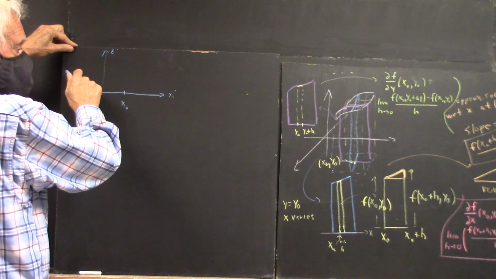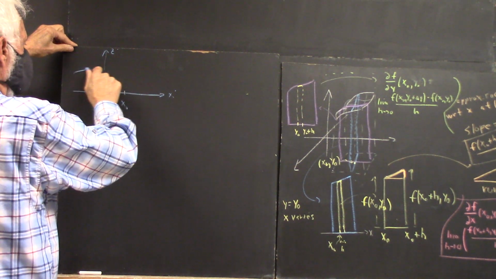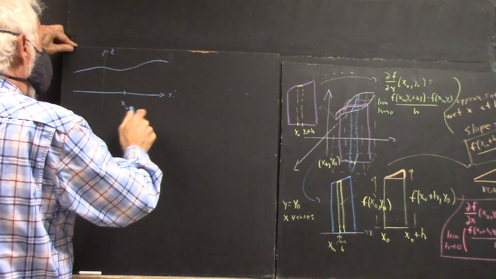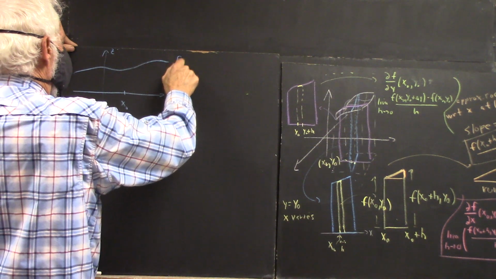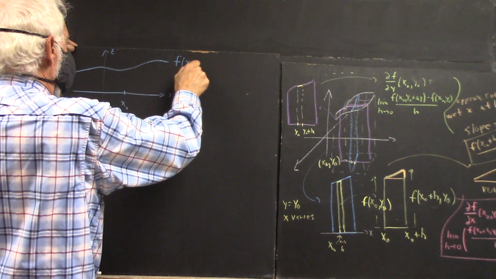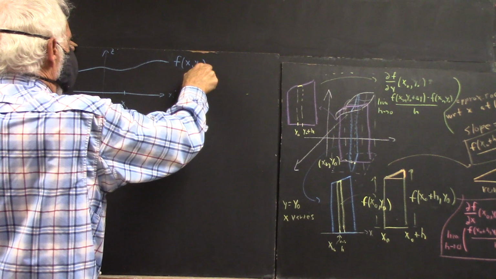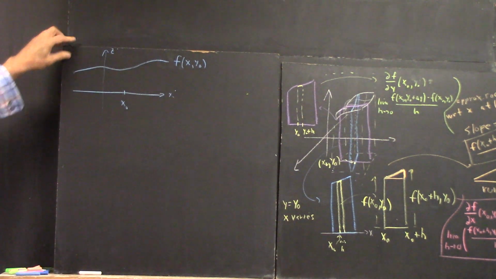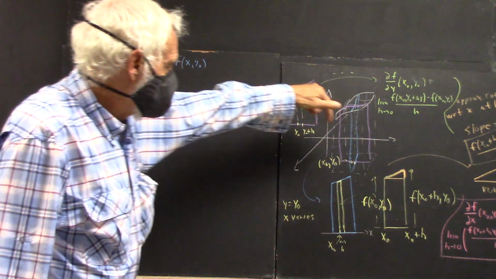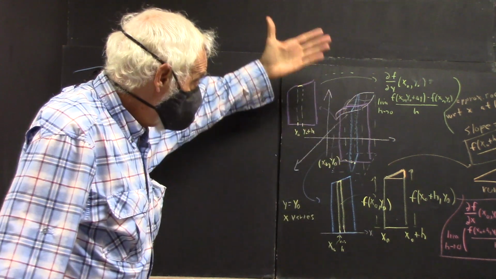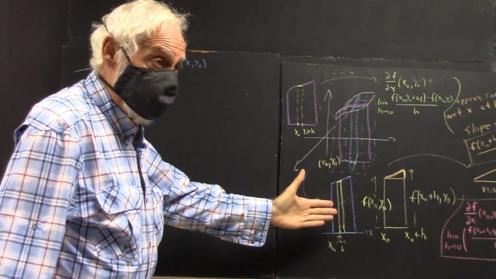And here's the graph of f of x, y naught, meaning x can vary, but y is fixed at y naught.